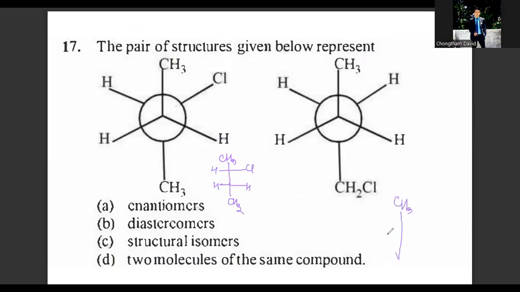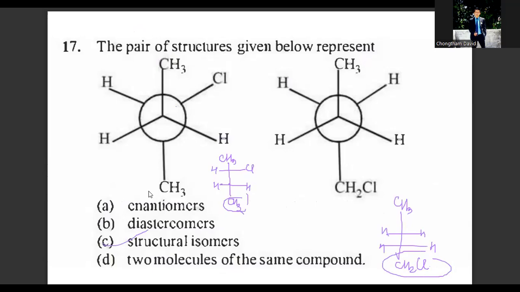Here you will have CH3, hydrogen, hydrogen, hydrogen, CH2Cl. Both structures have the same molecular formula, C4H9Cl, count 1, 2, 3, 4, and these are isomers. However, the two half groups, that is the methyl and the chloromethane part, can you see this methyl and this chloromethane part? They are neither enantiomers nor diastereomers. Hence, these are structural isomers. C will be the answer for question number 17.